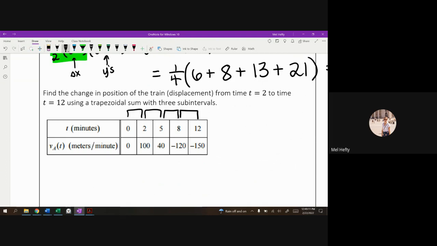I have to start at 2. So there is some extraneous information here. So you're not going to use this guy at all. So set me up your 3 sub-intervals. If you can, find me a number. If you have a calculator with you, you're more than welcome to use that. Something's going to be weird about that answer, considering that the unit is meters. I want you to figure out what you think that means.